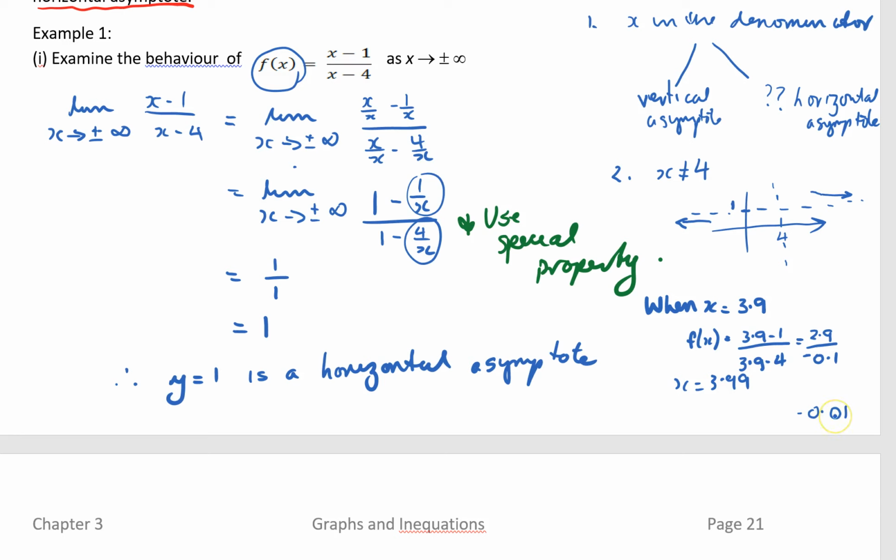Divide by something very small gives you a lot of them. Positive divided by a negative is a negative. You can probably work out then that the graph is going to head down here towards negative infinity. Likewise then on the other side, when x is approaching 4, we get very small numbers, but they will be positive this time and the graph's going to go up there.